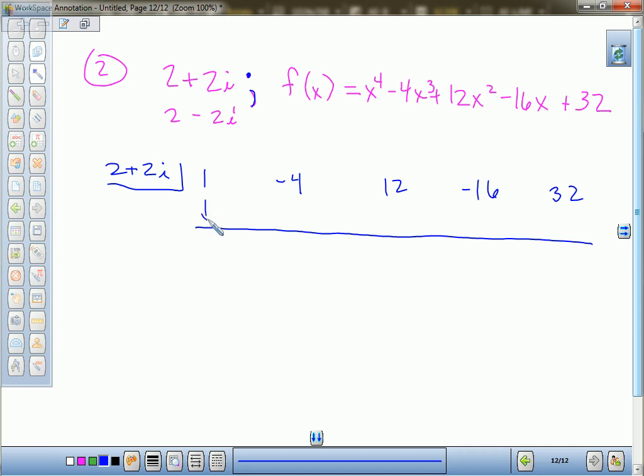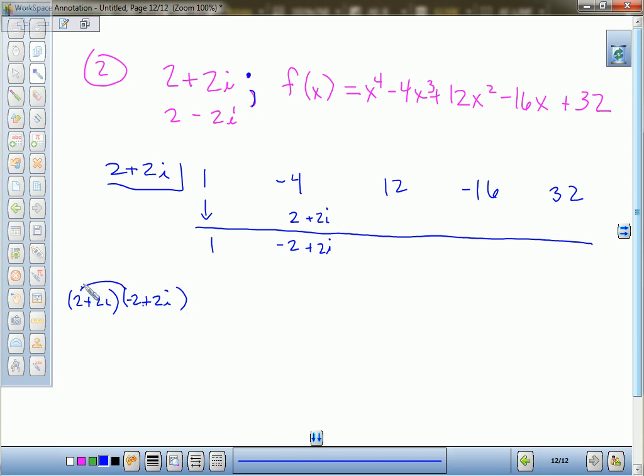Okay, so we bring down the first one, and when we multiply something by 1, it doesn't really change. So now when I add, I get negative 2 plus 2i. Now I've got to multiply. This is going back to practicing multiplying complex numbers.